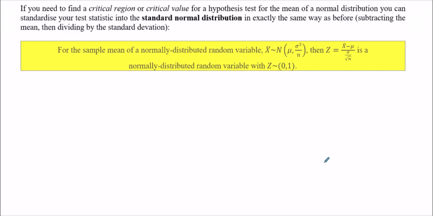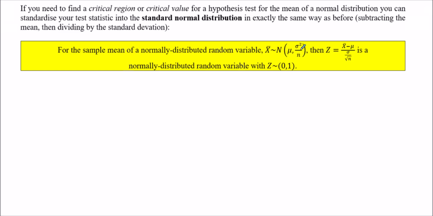For the sample mean x bar, normally distributed with mean mu and variance sigma squared over n, we can code this into the standard normal by taking x bar, minusing mu, and then dividing by the standard deviation.